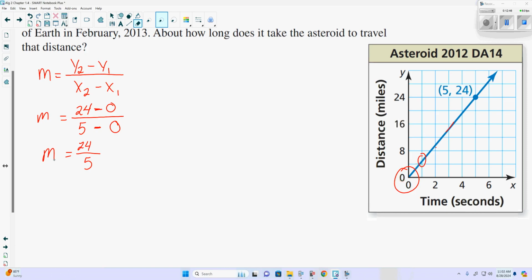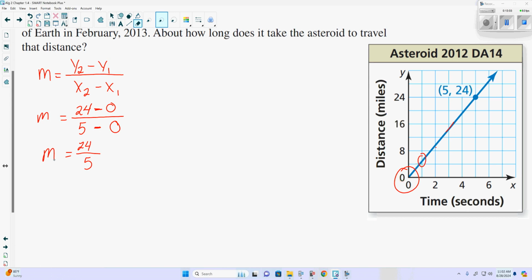Or we can leave it as 24/5. And for most of these, especially when we start interpreting the slope, leaving it as 24/5 is going to be a little bit nicer. You can do it as a decimal. We can leave it as a fraction. Either one works. So we have our slope, yes?